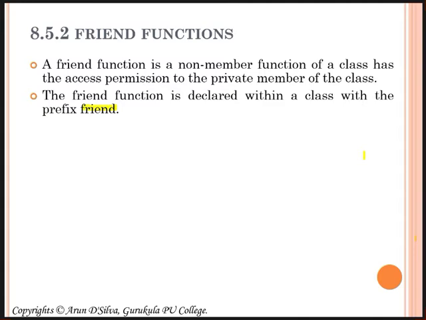The same friend function can be a friend of another class. It can be a friend of two, three, or n number of classes. If the same function is a friend of n number of classes, then it gets rights to access all the private data of n number of classes. That is the benefit of this friend function.